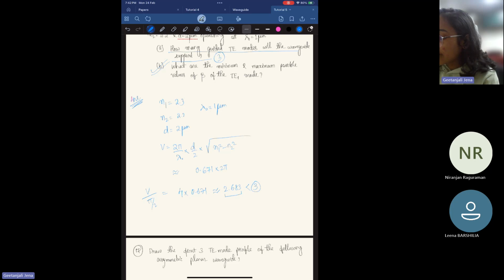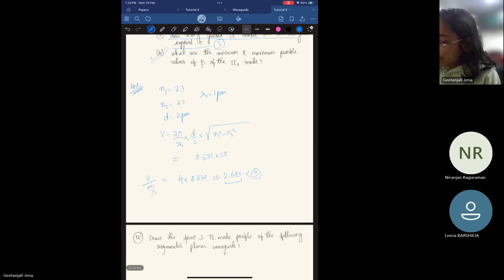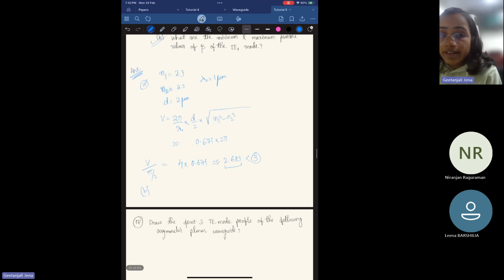Next part, what are the minimum and maximum values of beta for the TE1 mode? Minimum and maximum value means the cutoff values, right? If you recall, for guidance of the TE1 mode, beta tilde should lie between N1 and N2, right?